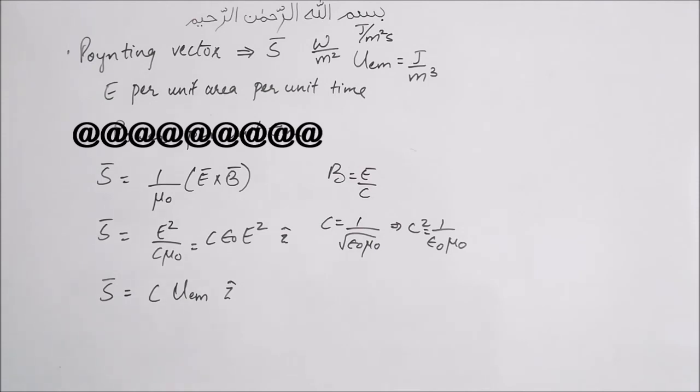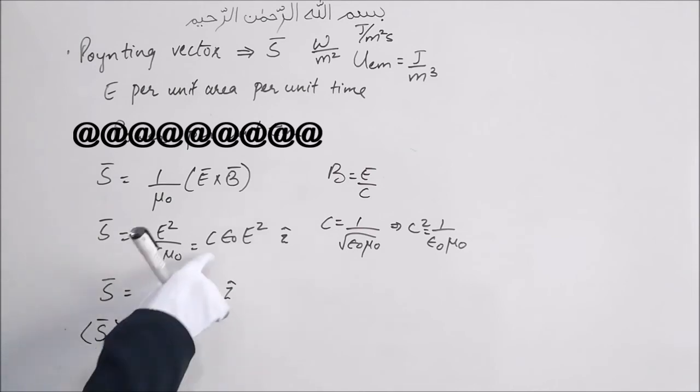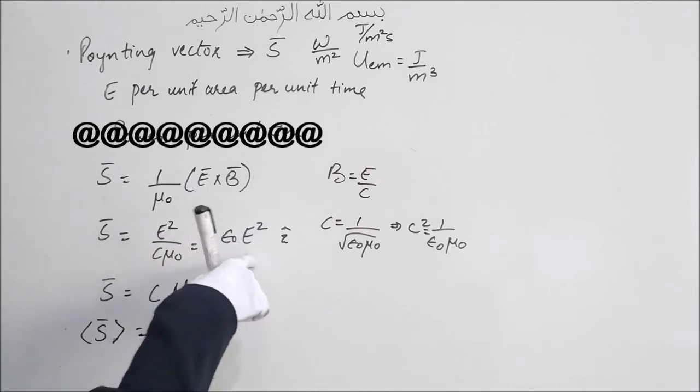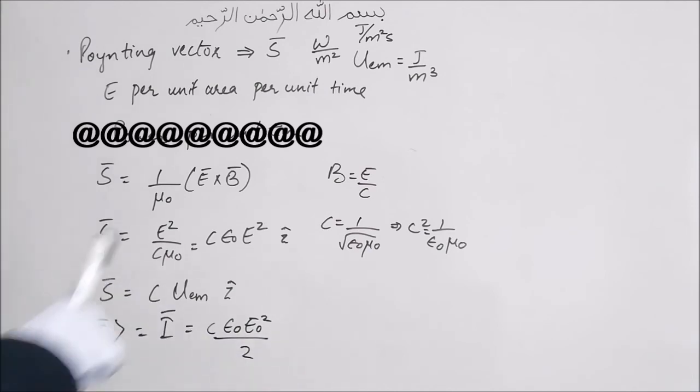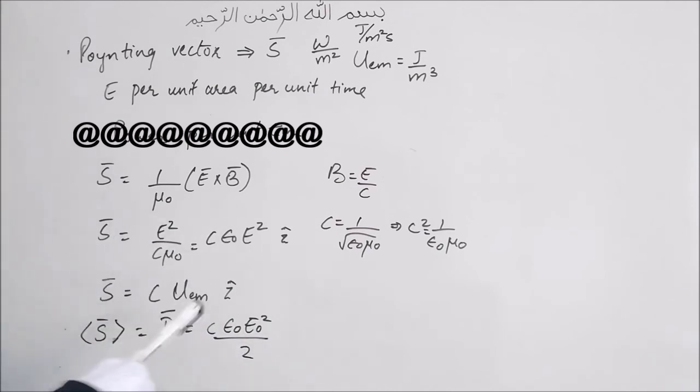Now the average value of this Poynting vector is nothing but the intensity vector I. The average value is C epsilon naught times the average of E squared. Average of E squared will be E naught squared by 2, so we will have C epsilon naught E naught squared divided by 2. Because the electric field is sinusoidal, the average of sine squared and cos squared is half.